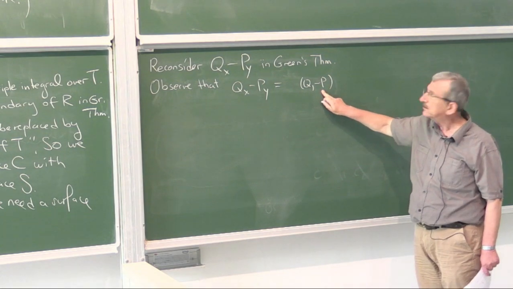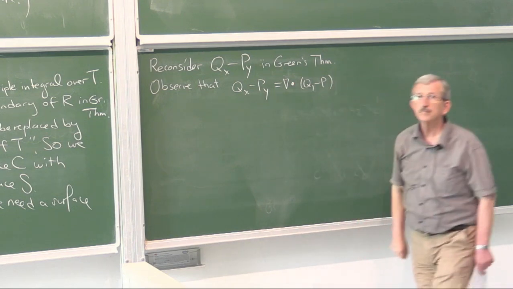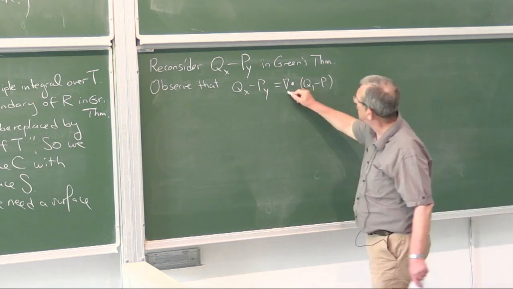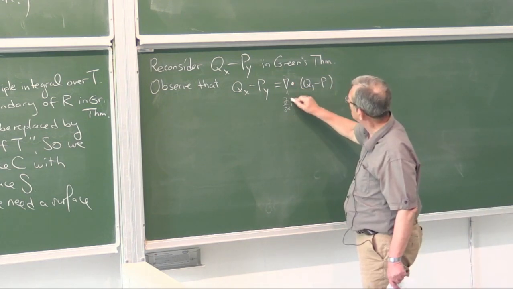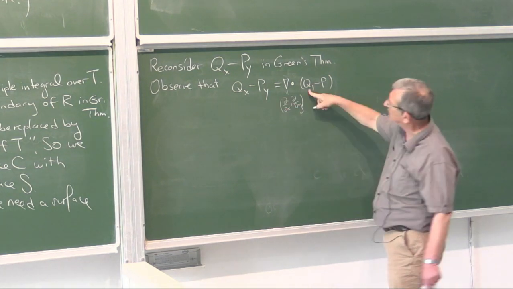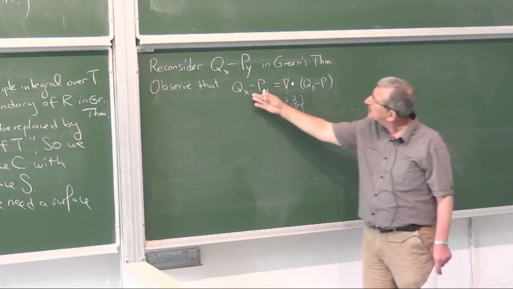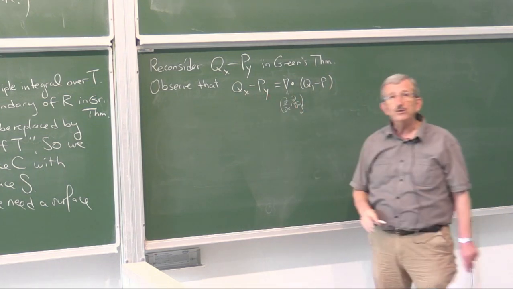Well, that is divergence, because this was del by del x, del by del y. So take the derivative of this with respect to x, of this with respect to y. So this difference actually is a divergence.